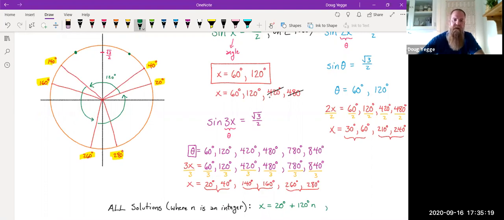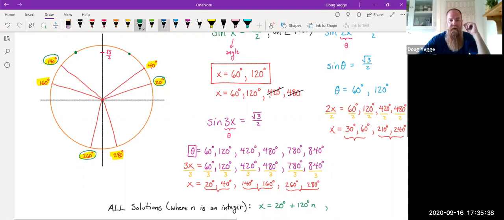But now I've got to take a look at my other angles, my 40-degree angles, because notice that so far we only have a general solution for 20 degrees, 140 degrees, and 260. We don't have a solution for the other ones. So notice that we have 40 degrees, and now we're going to see how far it is to get to 160. You can see that that's a 120-degree difference.